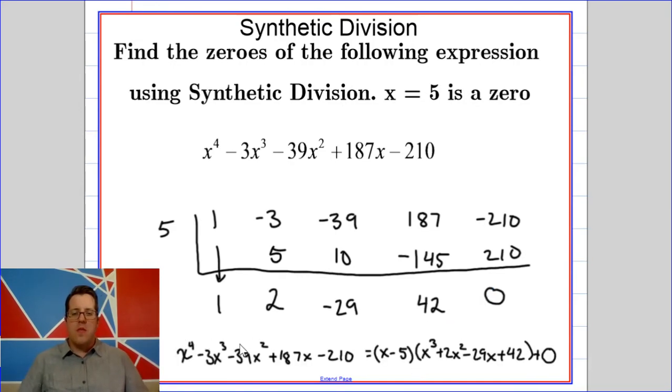So this statement right here is called the division algorithm. We have the dividend equals the divisor times the quotient plus the remainder. So now your job from here would be to see, can you find the other zeros of this function?